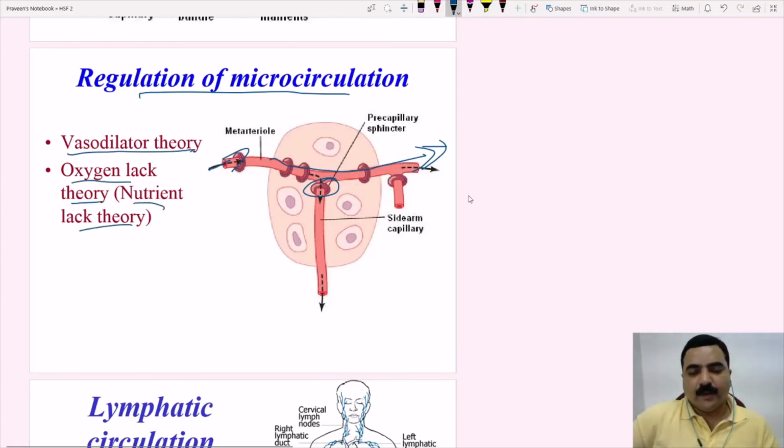If the cells over here are undergoing metabolism, they will produce metabolic byproducts like adenosine, potassium, hydrogen, or use up oxygen, leading to lack of oxygen, etc. This will create the stimulus for the precapillary sphincter to dilate and cause the fluid to go in, or the capillaries to open. The vasodilator theory also represents the property of the blood vessel, especially in the arterioles or in the veins. That also we have discussed before in the hemodynamics topic.